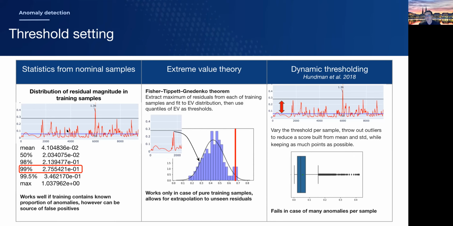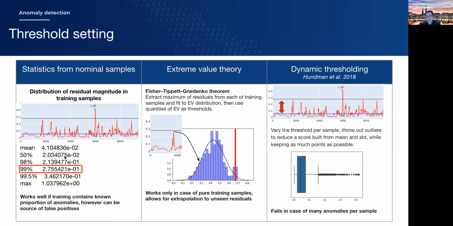This works well if training contains a known proportion of anomalies. Assume you know to 100% that the data you train on contains no anomalies whatsoever. Then, of course, if you select something like this, you will generate false positive results, because by definition, 1% of your data, even if it's nominal, will be considered to be above the threshold.